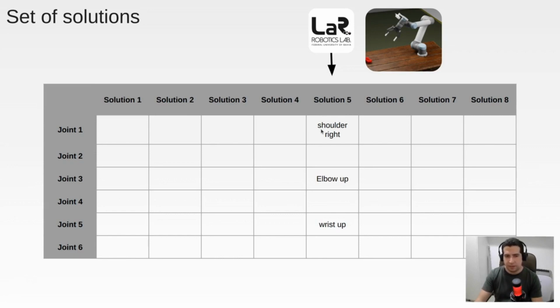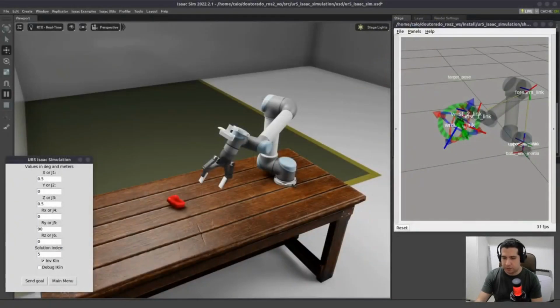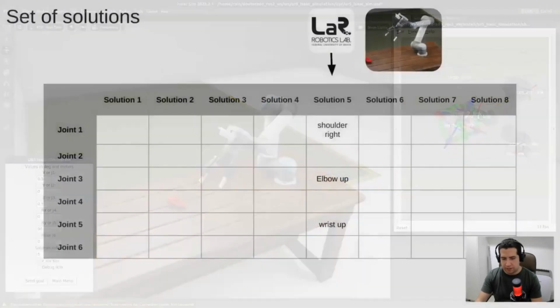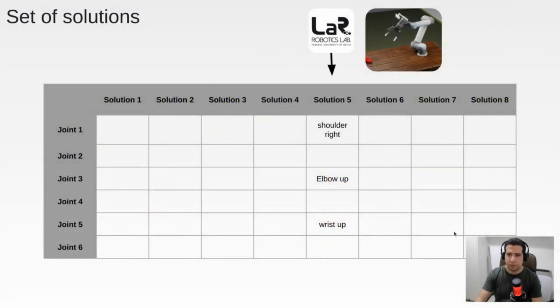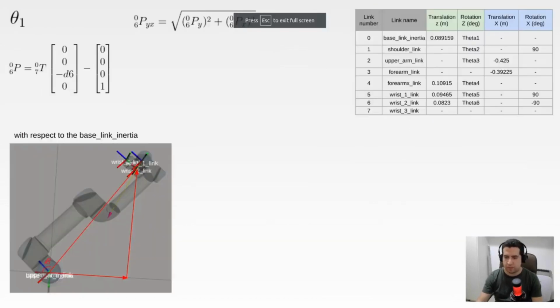It's the home position that we configured for the robot in the laboratory. Also elbow up and wrist up, like this position here. Okay, so it's the best solution to work with grasping algorithms and things like that.